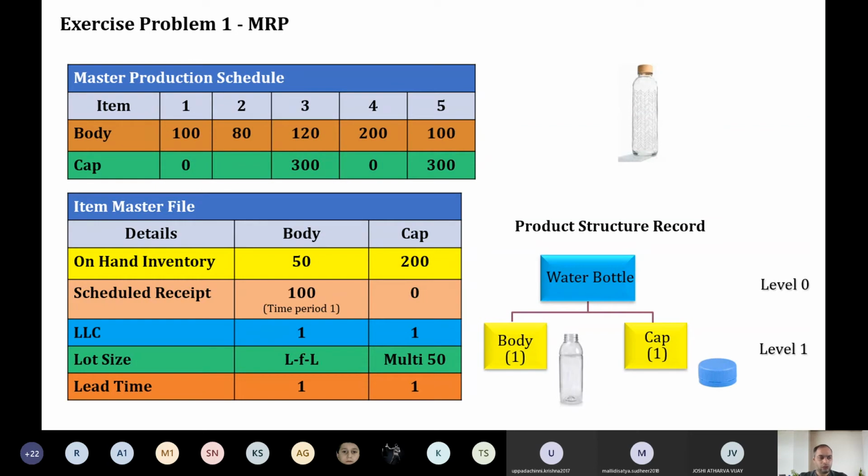Now in my clock the time is 8:16. You have time till 9 o'clock to submit this assignment. First prepare the MRP matrix on paper for the body and for the cap, and summarize the result as the MRP report, like this.